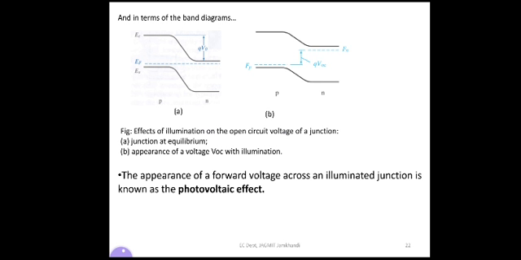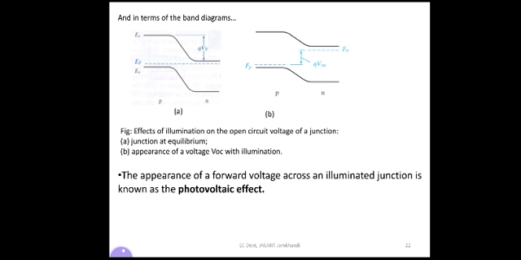So this is the band diagram of that. The figure shows the effect of illumination on the open circuit voltage of a junction. Figure A shows the junction at equilibrium, and figure B shows the appearance of voltage VOC with illumination.